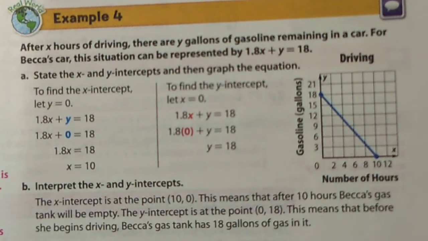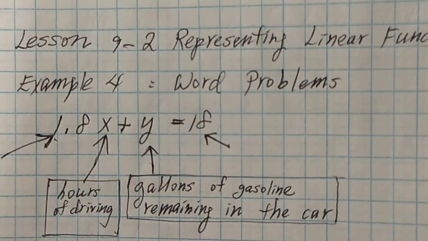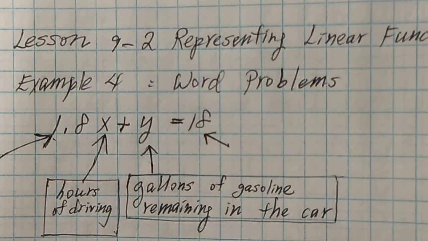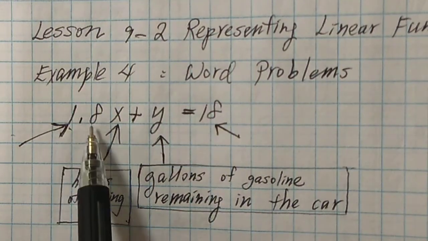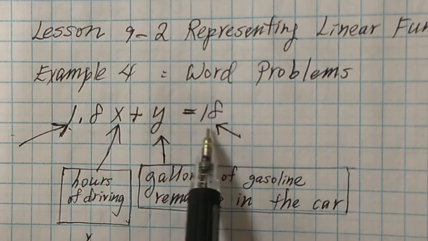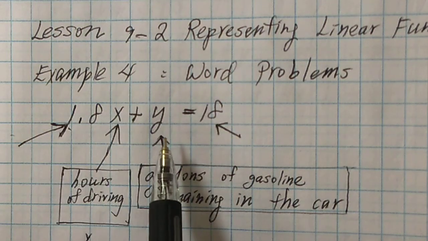Okay, I'm going to now talk about this question. They give you an equation and tell you two things. First, the equation: 1.8x plus y equals 18. They say the situation can be represented by this function.